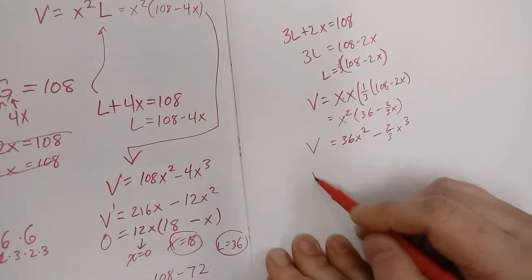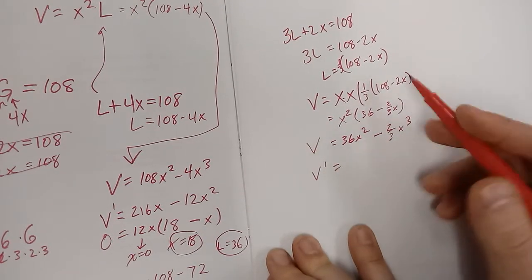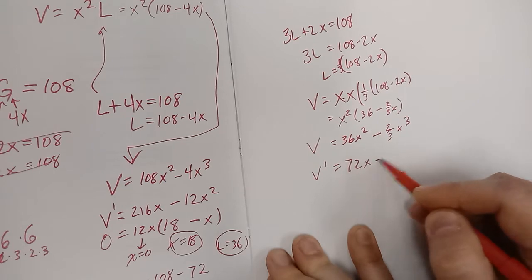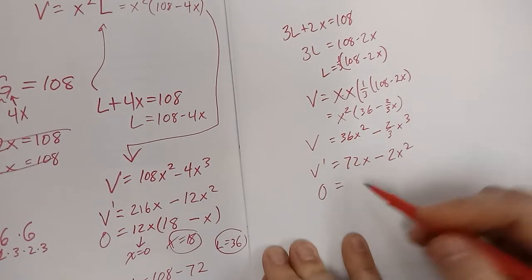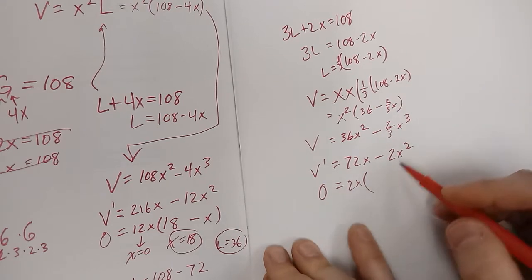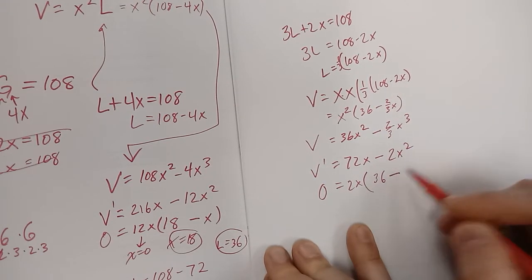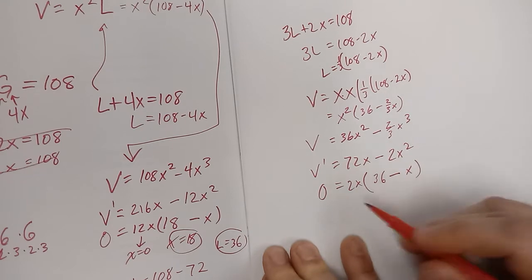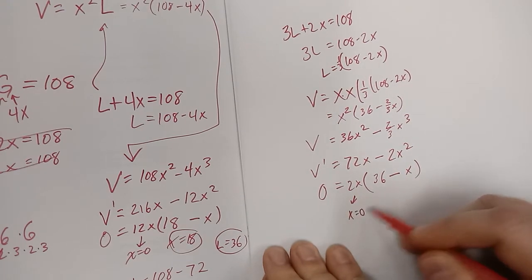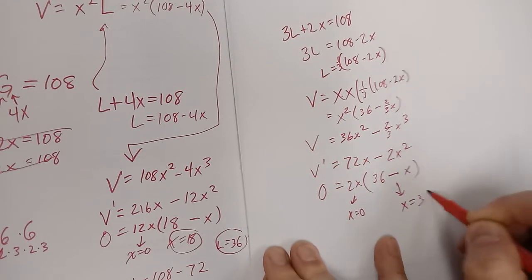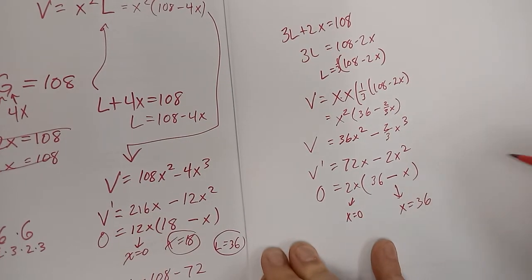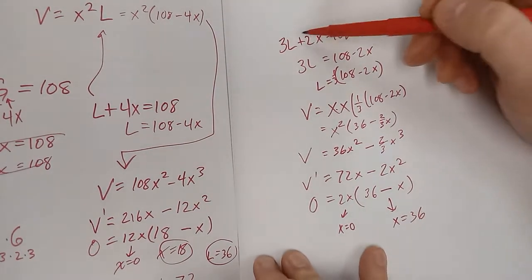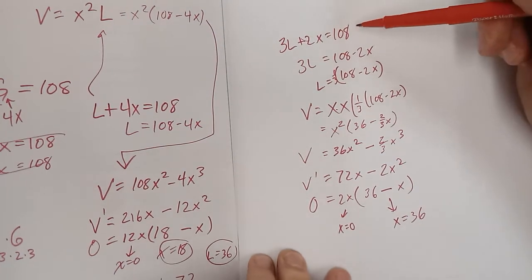I mean, same procedure, right? Volume, derivative of that, we get 72x minus 2x squared. Set it equal to 0. We'll pull a 2 and an x out, and I get 36 minus x. And we get x is equal to 0 again, and we get x is equal to 36. And so in this situation, we know that 3L plus 2x is equal to 108.